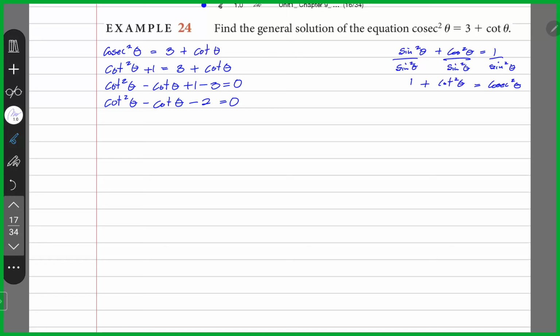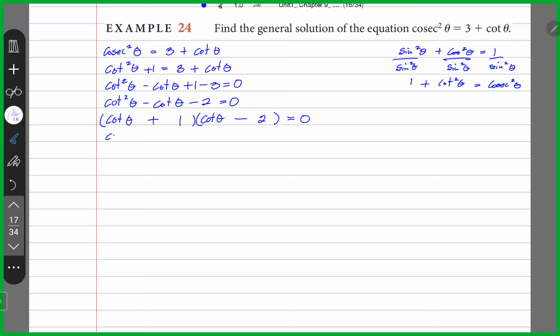All right, so let's see, I think this can be factorized. So we have cot theta, 2 and 1, this is negative, this is positive, is equal to 0. So I just factorize by trial and error. If you're not comfortable using trial and error, you can always use the ABC method.